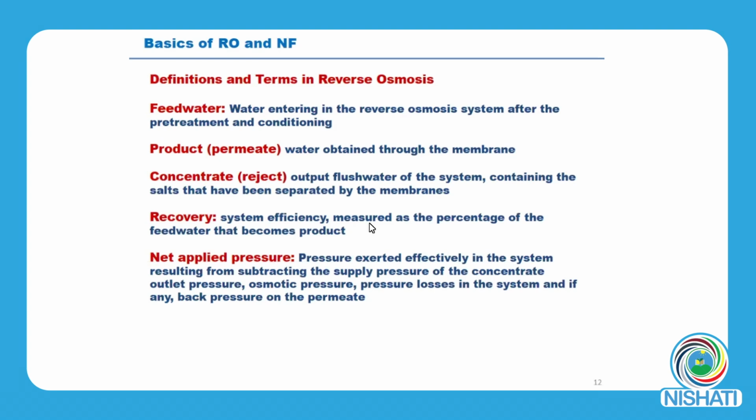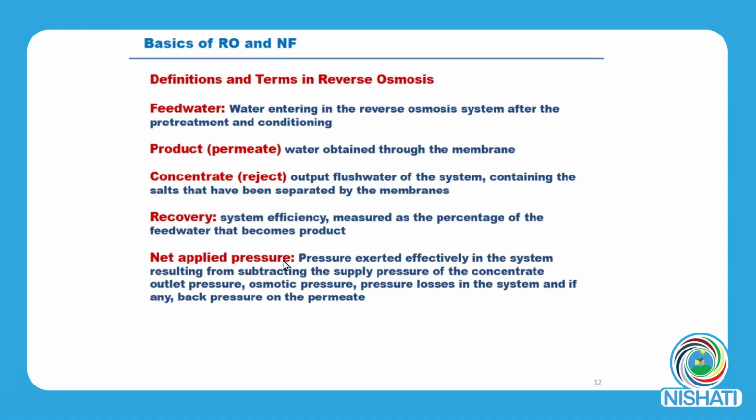The recovery is the system efficiency; it's the percentage of the feed water that becomes product. So when we have a system that is working at 75% recovery, that means that we are treating 100 cubic meters a day and producing 75 cubic meters of product.